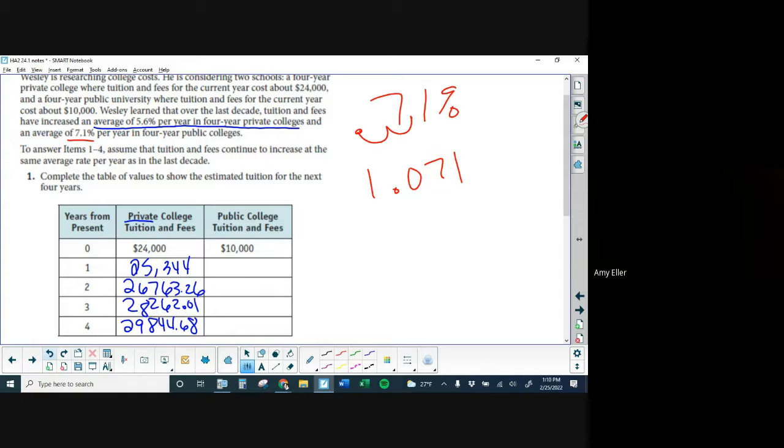So just like before, 10,000 times 1.071, every time times 1.071. We're talking money, so it would make sense to round to the nearest hundredth.